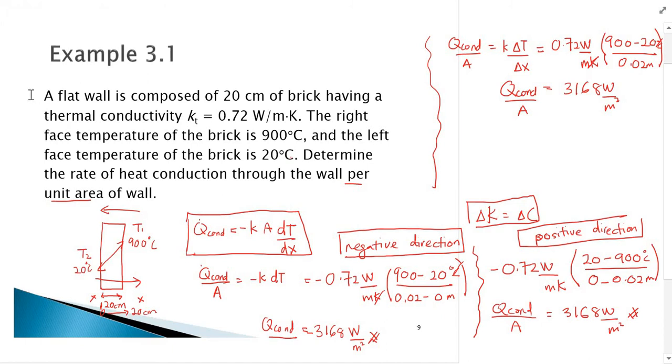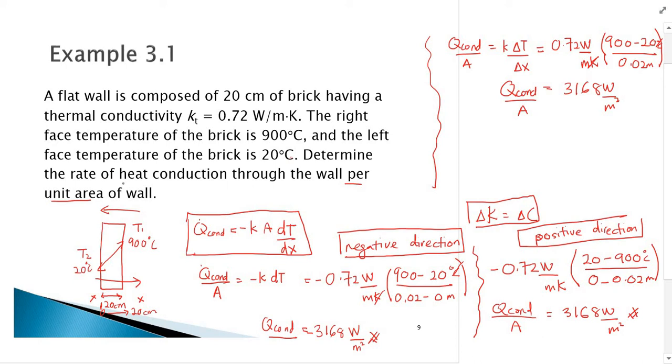So in this example, a flat wall is composed of 20 cm of brick having a thermal conductivity kT equal to 0.72 W per mK. This is your wall, okay, and the right face temperature is 900 degrees Celsius, and the left face temperature of the brick is 20 degrees Celsius.